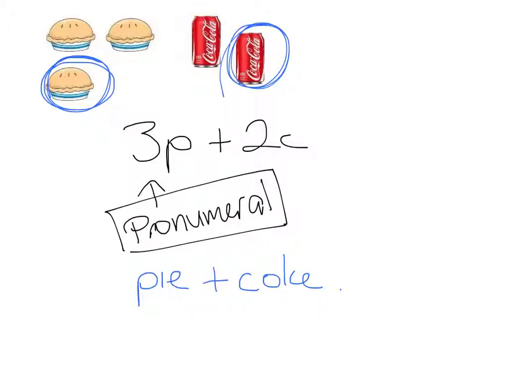As a result, you will never see in algebra 1P plus 1C. If we're only working with 1, we just leave the number off. This implicitly, which means underlyingly or not obviously, implies that we are only buying 1 pie, 1 by P, and 1 by C. 1 pie and 1 Coke.